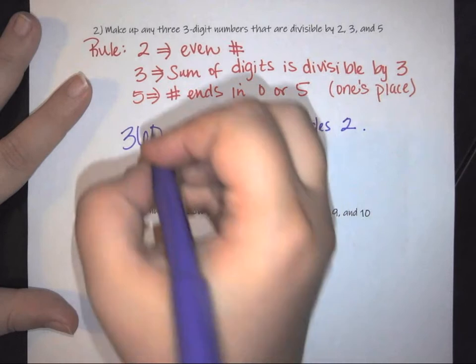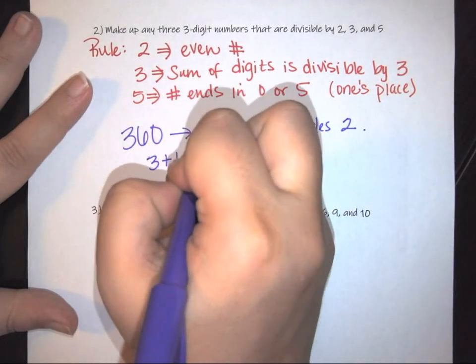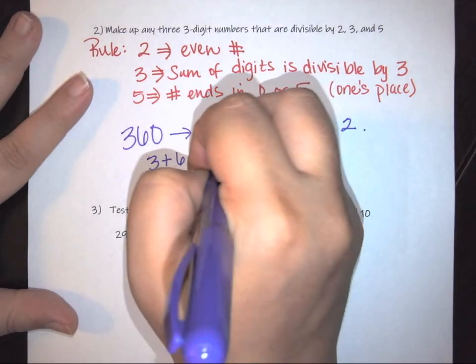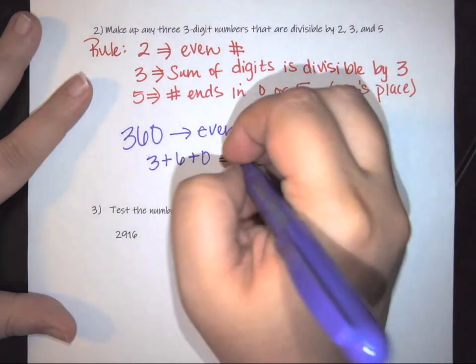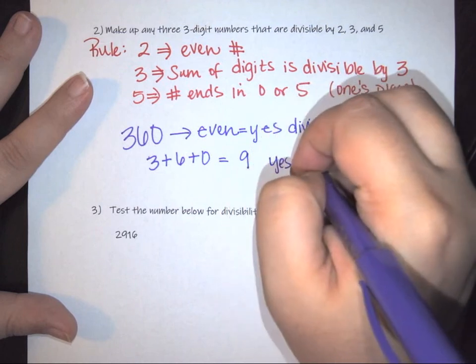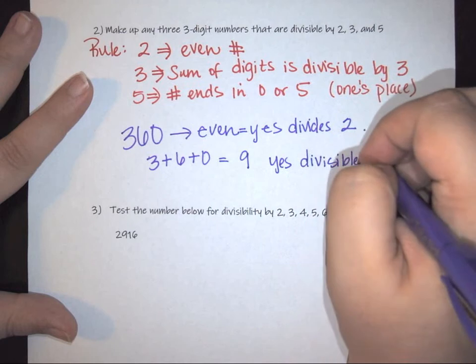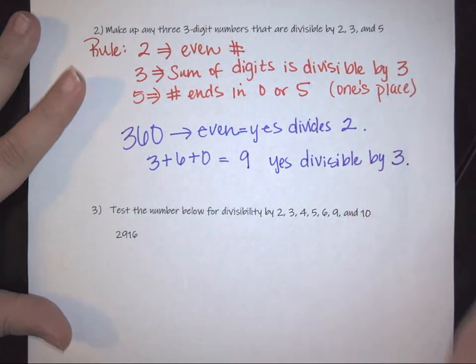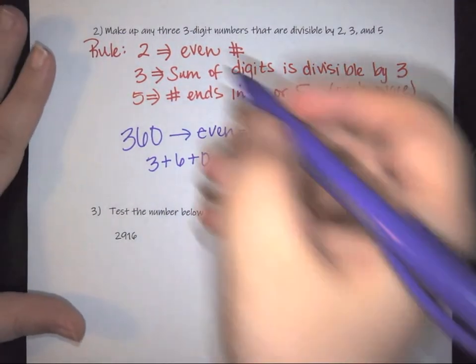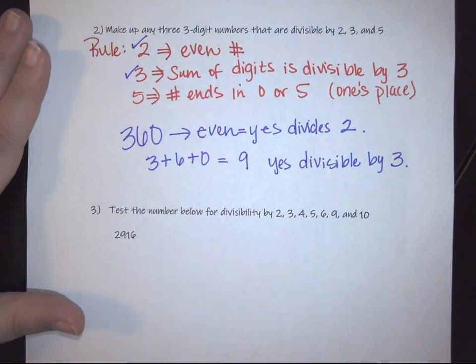So, sum of the digits says 3 plus 6 plus 0. Well, 3 plus 6 is 9, plus 0 is 9. And yes, this is divisible by 3. Thus, we satisfy not only the 2 rule, but the 3 rule.